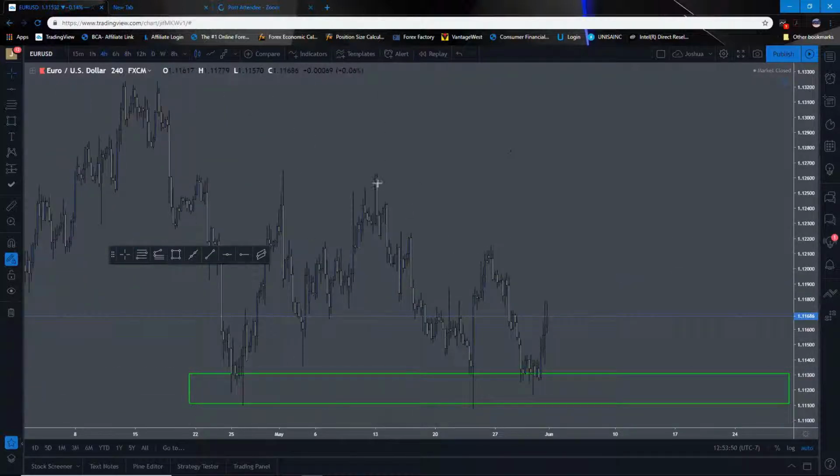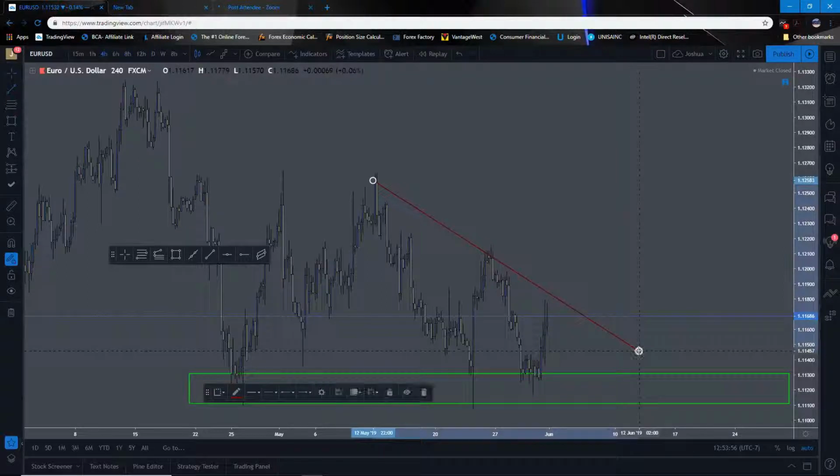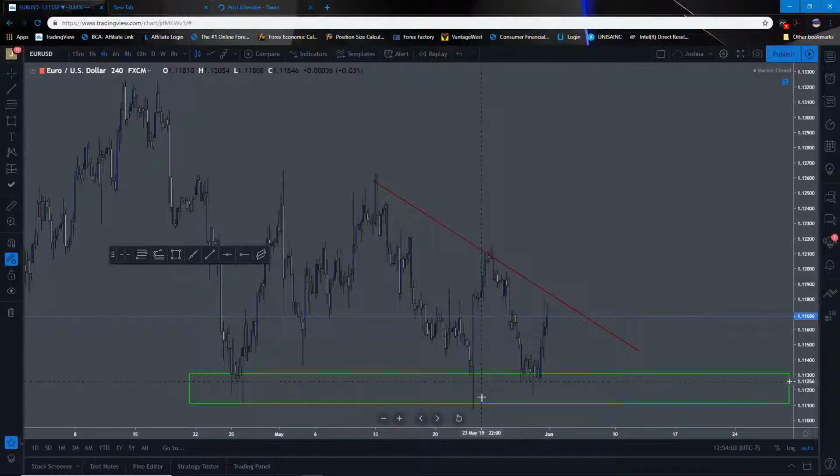Now, I do occasionally like to use trend lines. I do have other methods that are a little bit more complex that I can show people later if you are interested. But first things first, we have a floor, and then we have a resistance trend line.